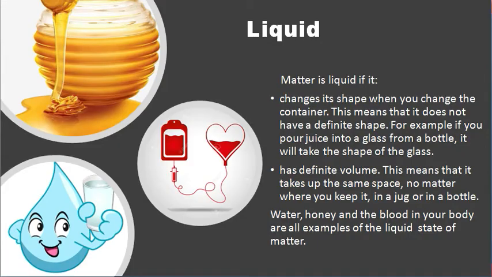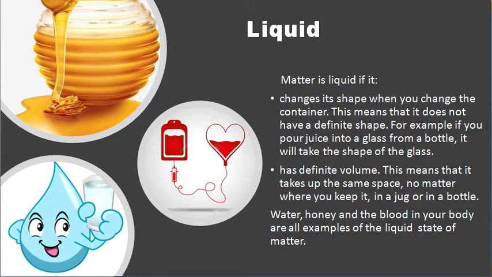Now let's learn about liquid and its properties. Matter is liquid if it changes its shape when you change the container, this means that it does not have a definite shape. For example, if you pour juice into a glass from a bottle, it will take the shape of the glass.